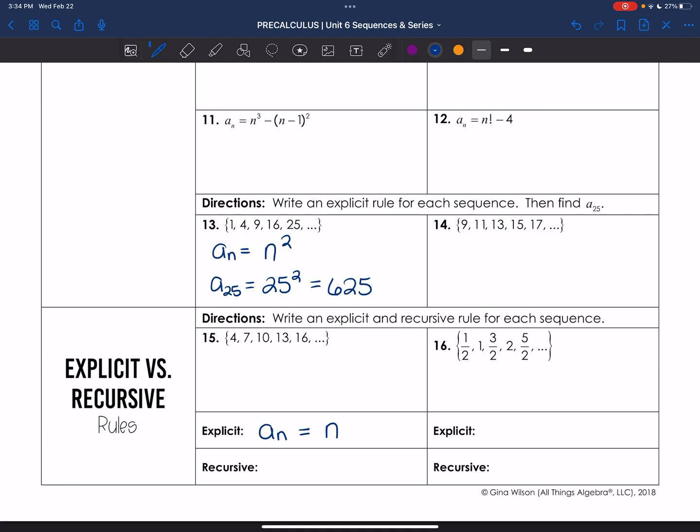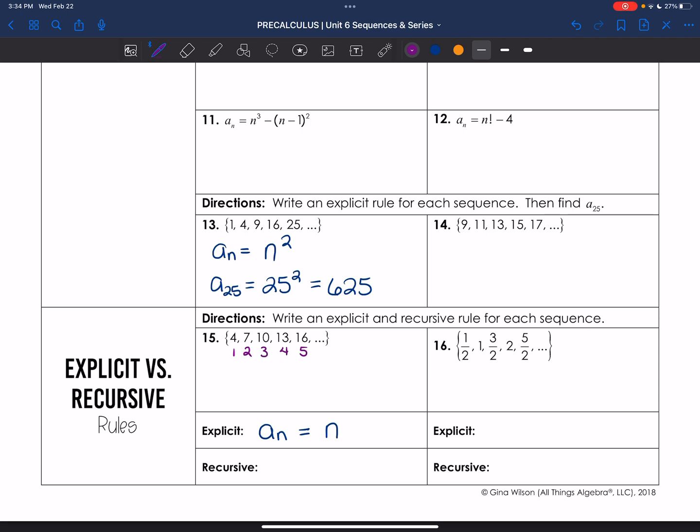When my input is 1, when my input is 2, 3, 4, and 5, how do I get those outputs?